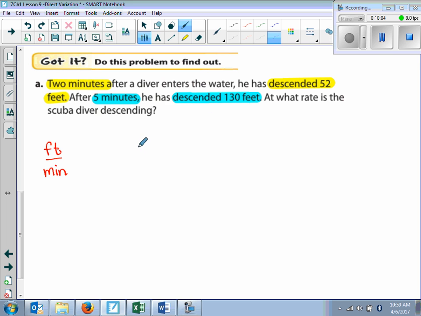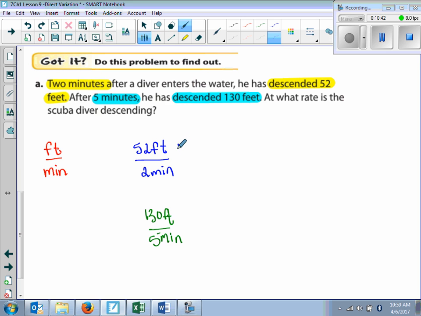For the first rate, it's 52 feet in 2 minutes. The second one is 130 feet in 5 minutes. Now we want to compare them, so we're going to write them both as unit rates.